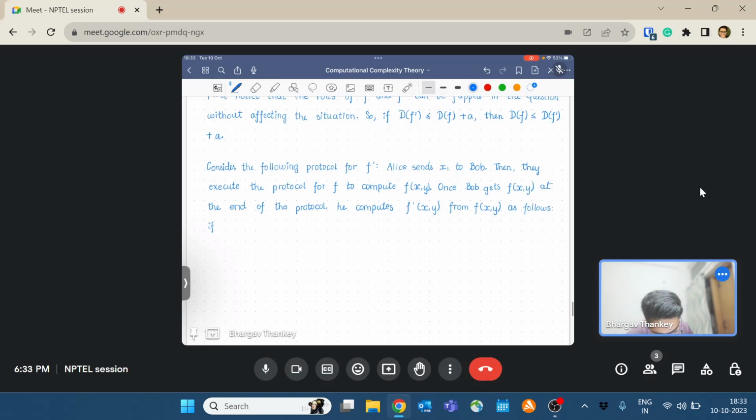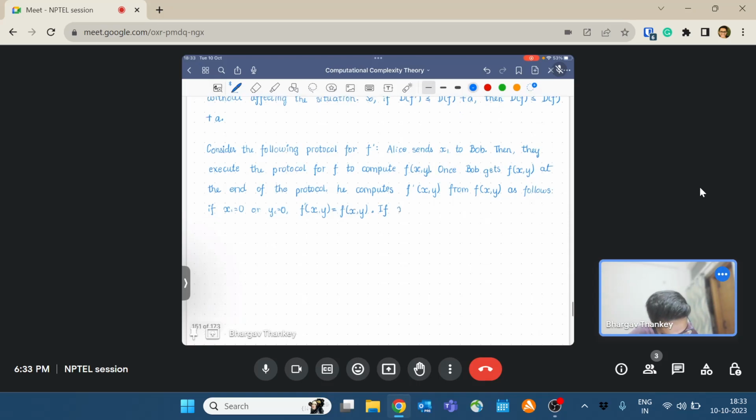If x1 equals 0 or y1 equals 0, he sends f(x, y). Otherwise he sends 1 minus f(x, y). So this is the protocol for f prime.